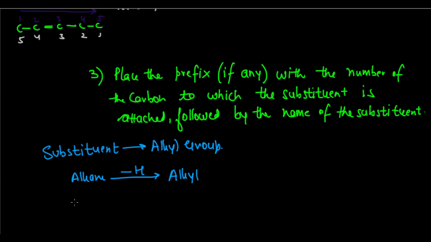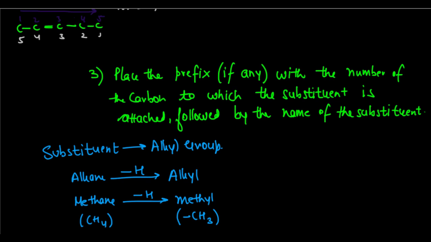For example, methane CH4 loses one hydrogen and forms methyl, which is CH3, and can form another bond, hence it's a substituent. Similarly, ethane loses one hydrogen, ethyl; propane loses one hydrogen, propyl. So in this way an alkyl group is formed.